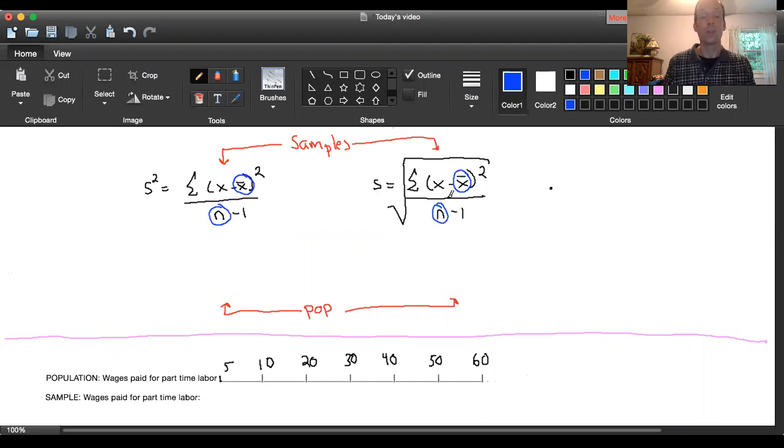Now, n stands for the total number of observations, but again, inside of a sample. So what we're basically going to do is take both of the formulas and rewrite them so that we'll be able to interchange what's circled in blue with the symbols for the same type of thing, but from a population. So in other words, symbols for observations in a population and symbol for the population average.